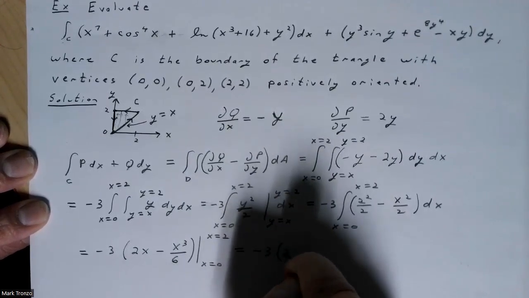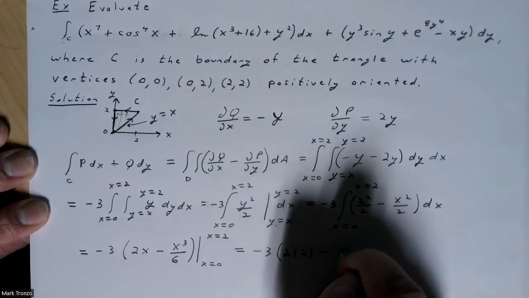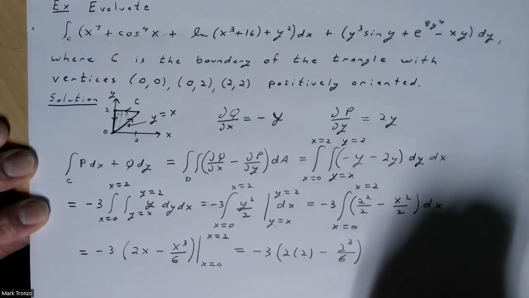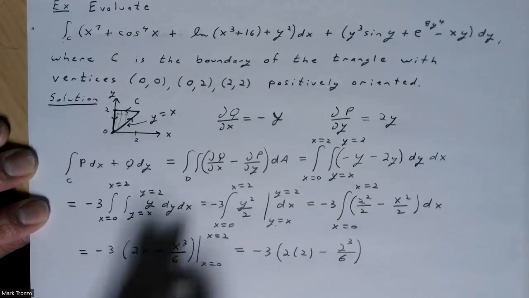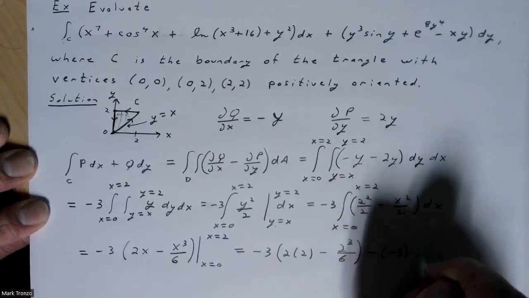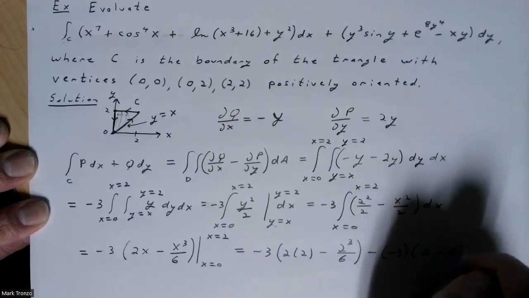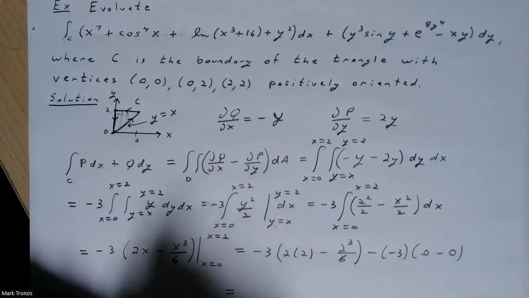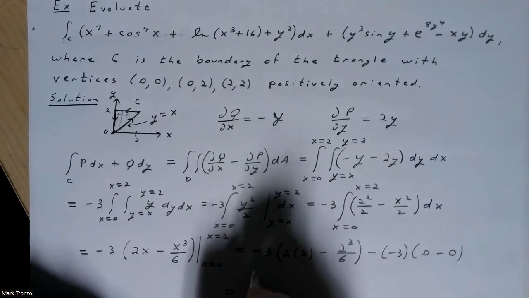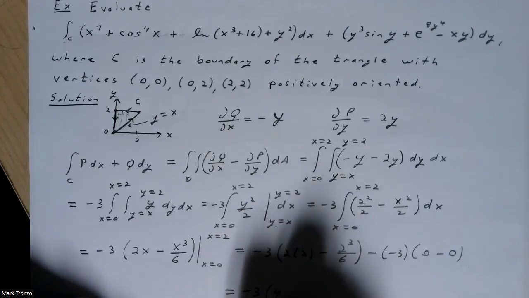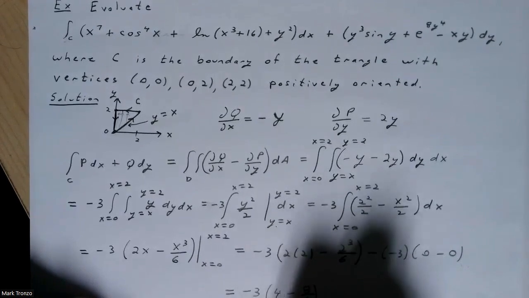Minus 3 times (2 times 2 minus 2 cubed divided by 6), that'd be the upper bound, minus 3 times (0 minus 0). That'll be 0, minus 3 times (4 minus 8/6).